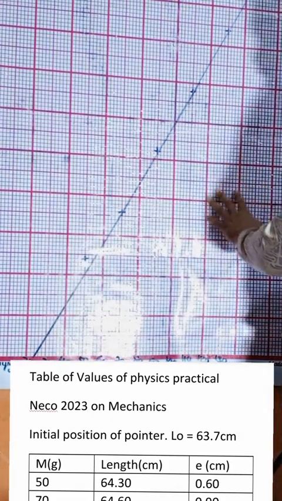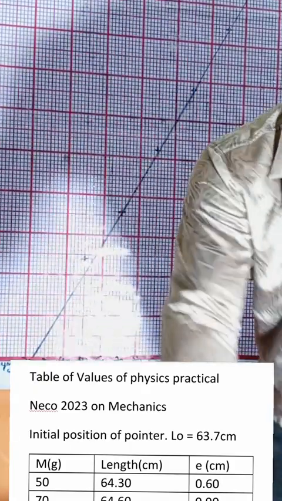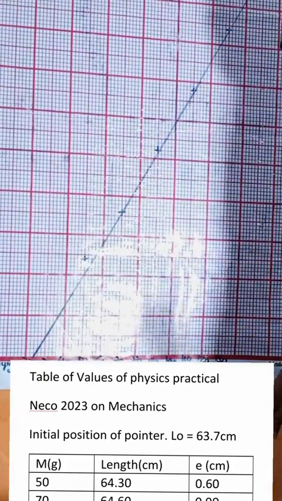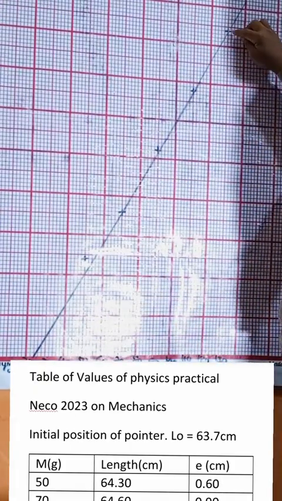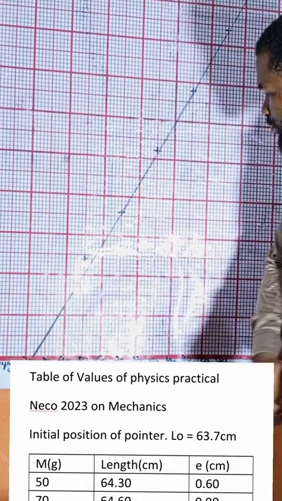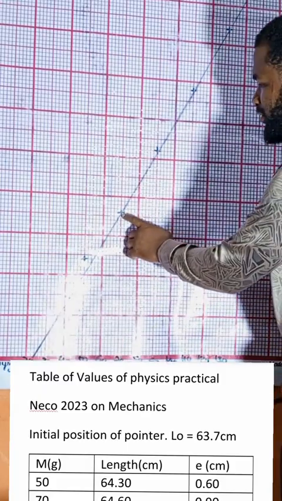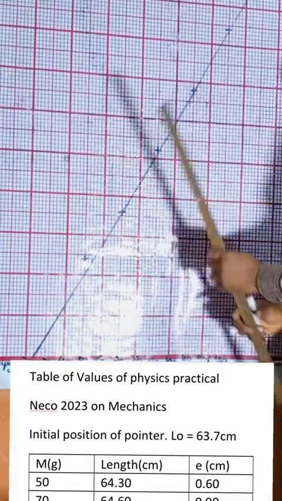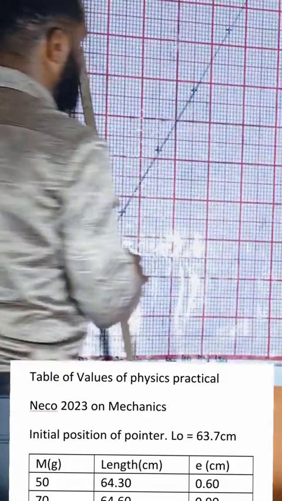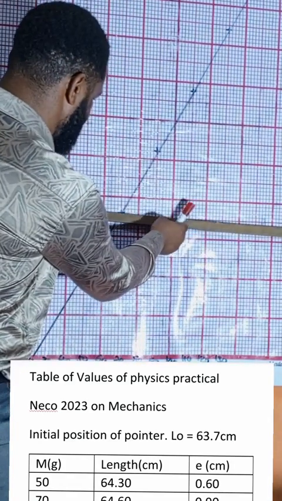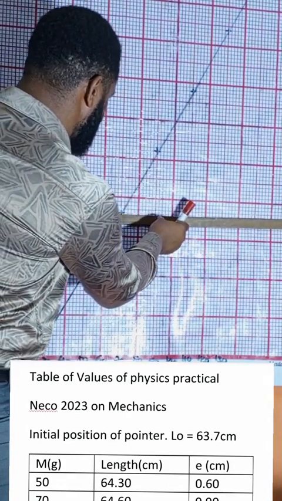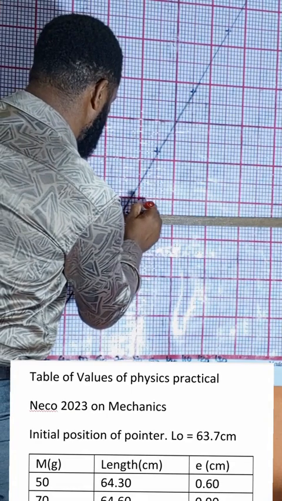So let me find my slope. To find my slope, very important, I will look for the 2 points that entered the line very well. So I'm choosing this place. I'm going to choose this point and this point. So I'm going to have this line. I will form a triangle from those 2 points.